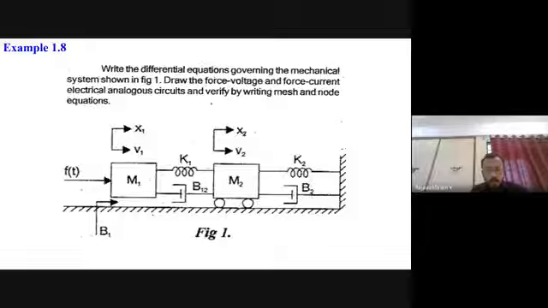N-O-D-E-S, nodes. How many nodes in this diagram? Nodes. Have you studied circuit theory or not? How many nodes in this diagram? At least, based on the mechanical translation system, how do we approach the problem? How many nodes in this diagram?